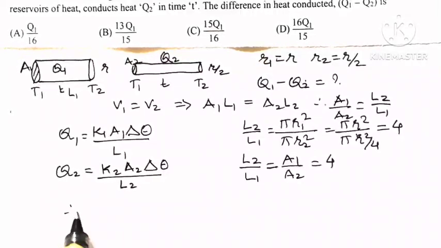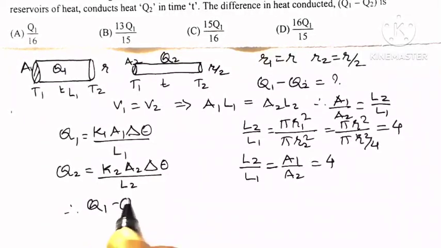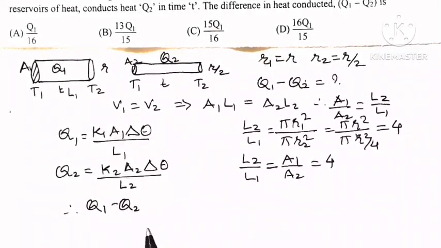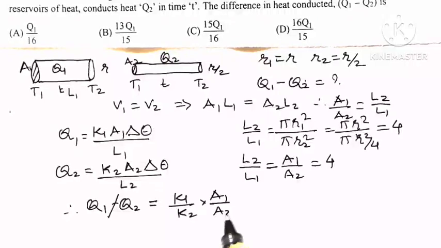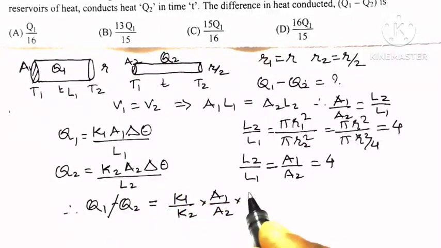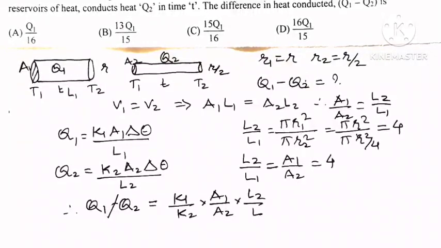Now we can take the ratio Q1 by Q2, which is K1 by K2 into A1 by A2, delta theta is cancelled, and it is L2 by L1.